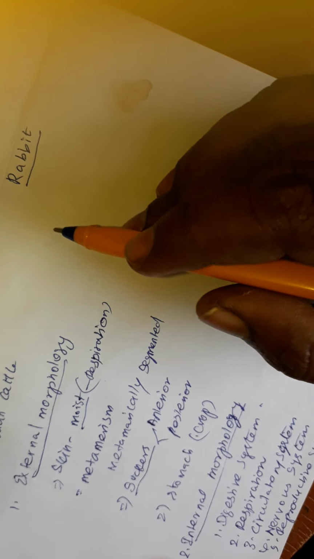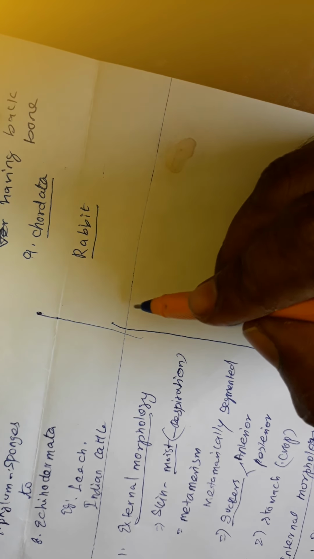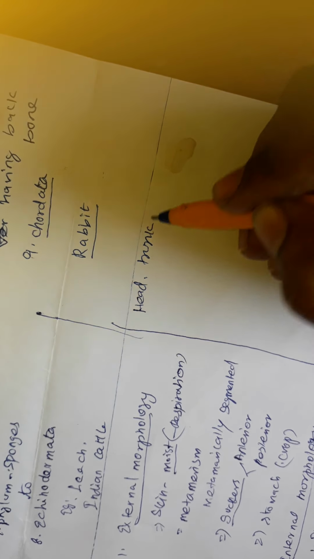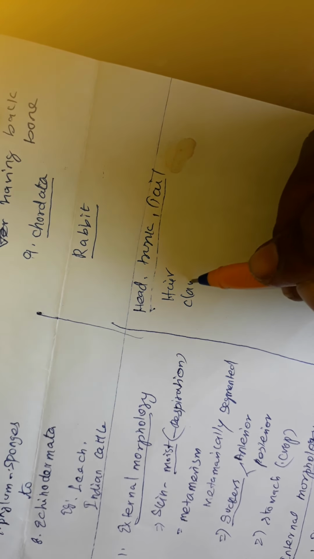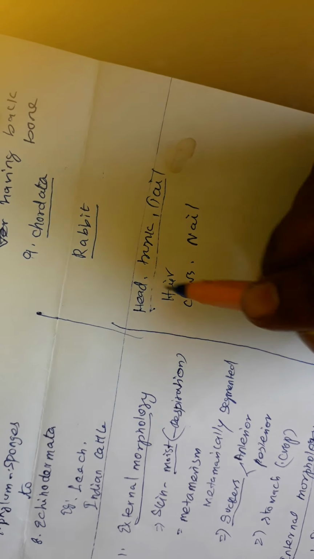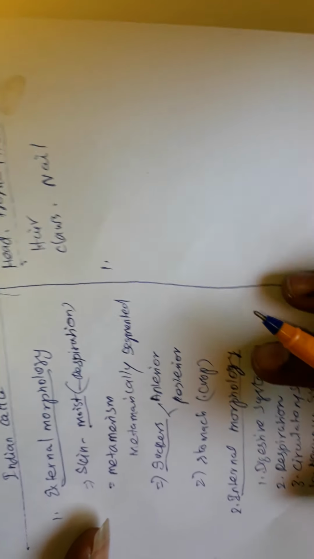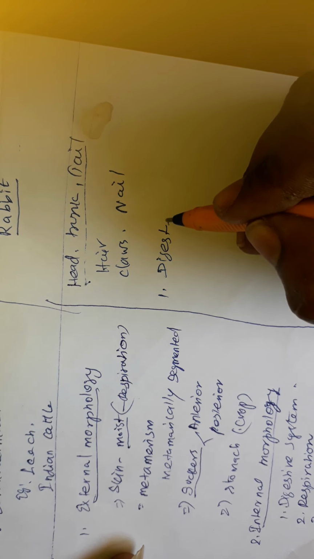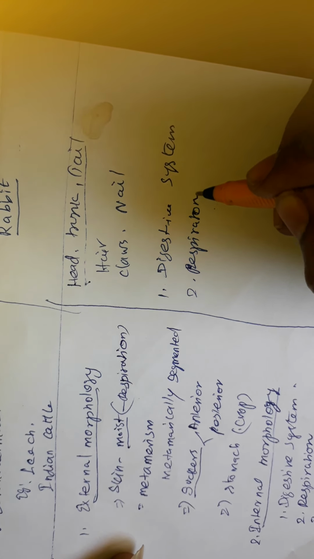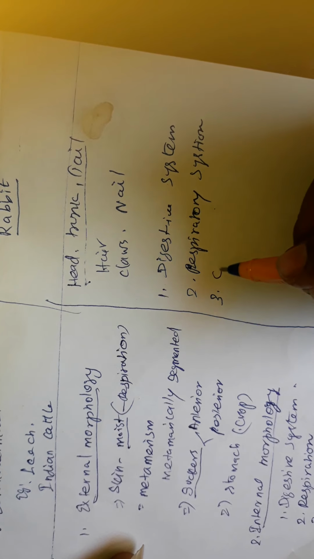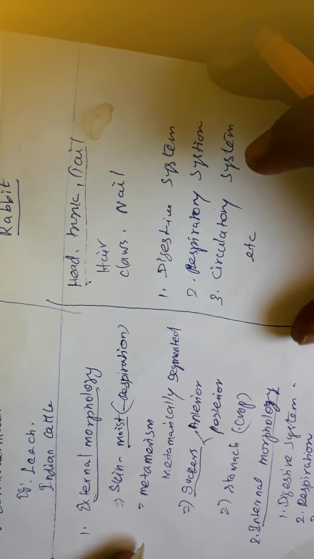Then the same for the rabbit. In external morphology, the body has a head, trunk and tail regions, with hair and claws or nails. Internal morphology is, as with the leech, the digestive system, respiratory system, circulatory system, and so on.